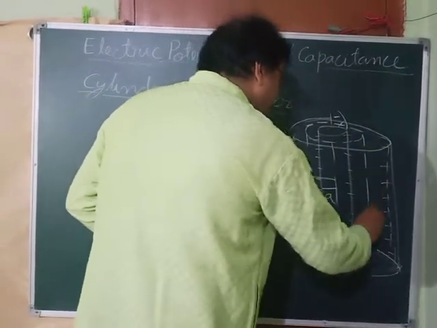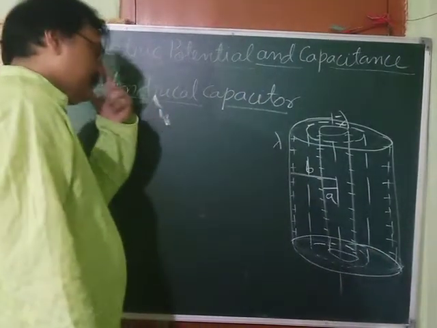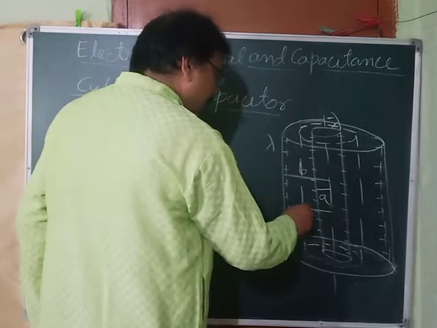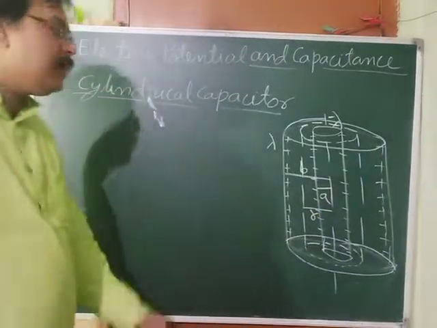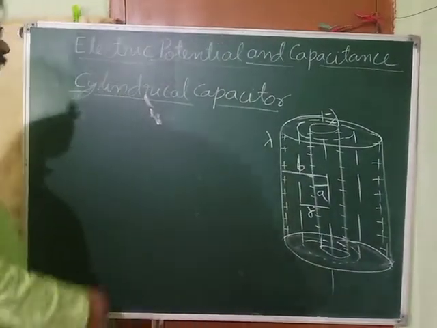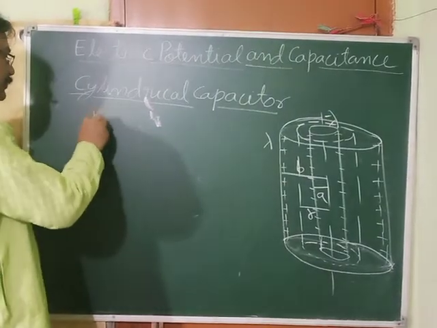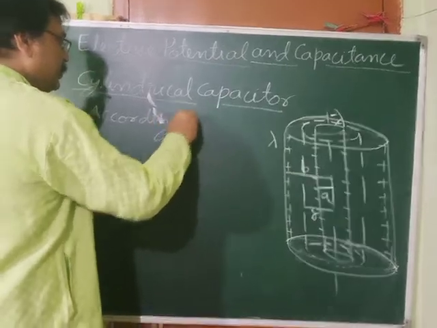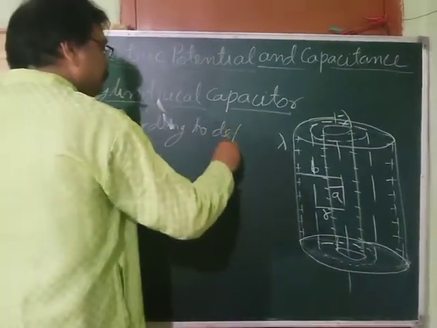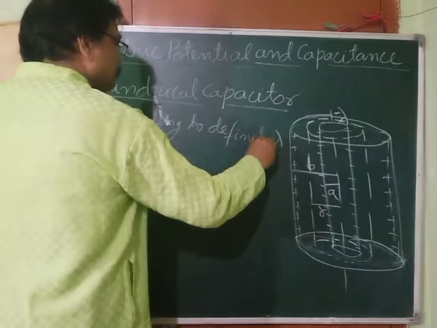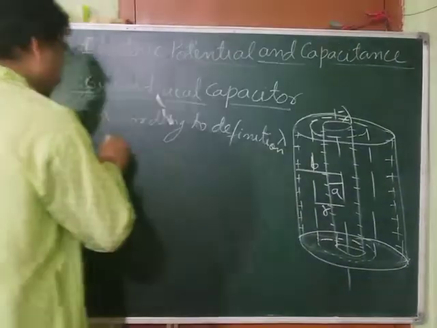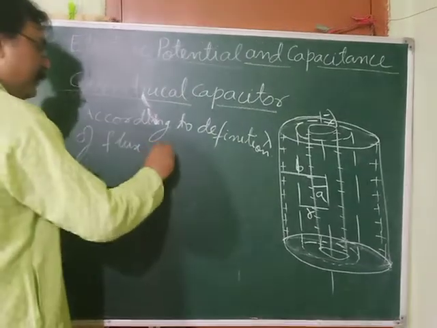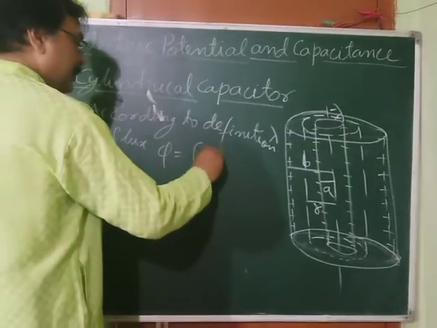Let the radius of the Gaussian surface be r. Now, according to the definition of flux, what will we get? Phi is equal to the integration of E dot dS.